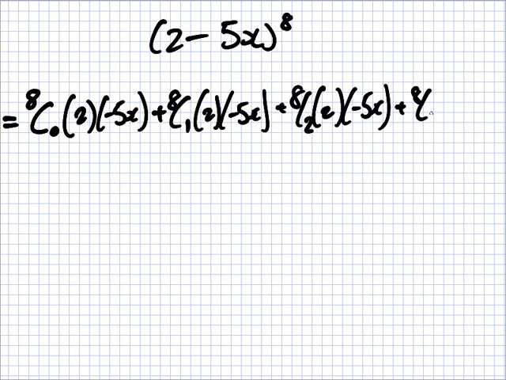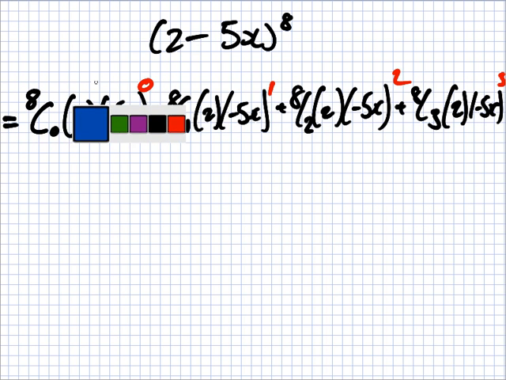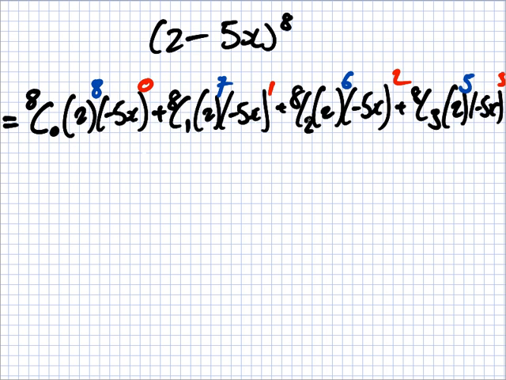Plus 8c3 (2 minus 5x). Now, ascending. So 0, 1, 2, 3. And then the other one, 8, 7, 6, and 5.